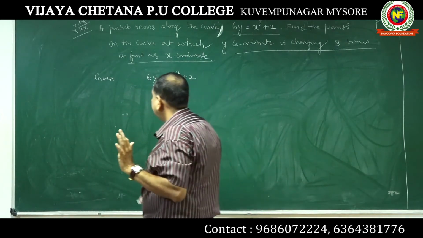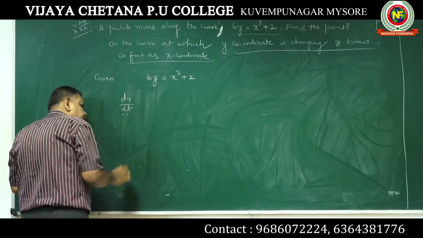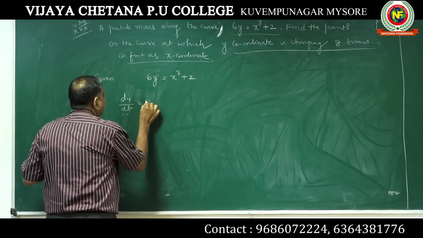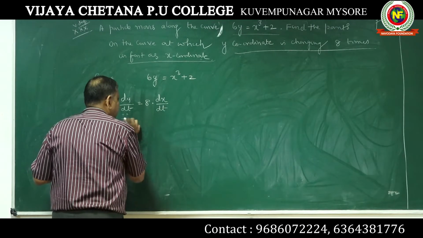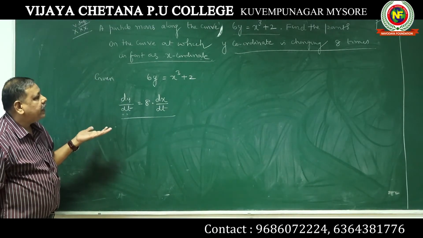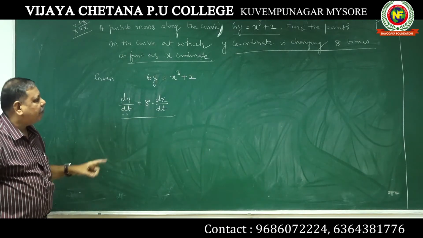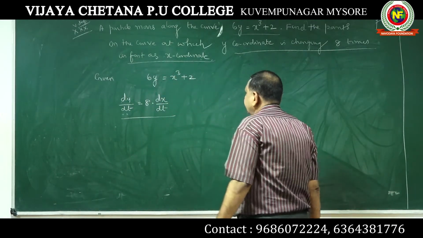Given is dy by dt, with respect to the time, y coordinate is changing. Dy by dt is 8 times dx by dt. This is 1 mark for this. Write this. Rate is always dy by dt. Y coordinate is changing at the rate of 8 times the x coordinate.